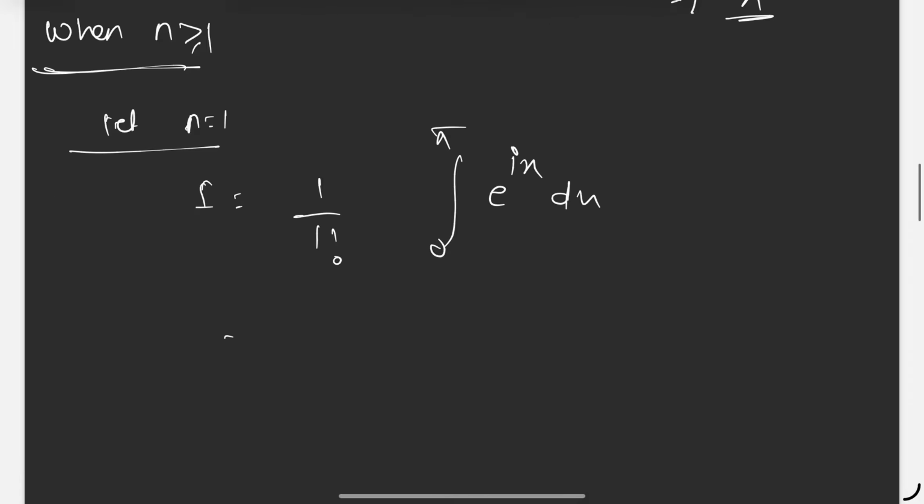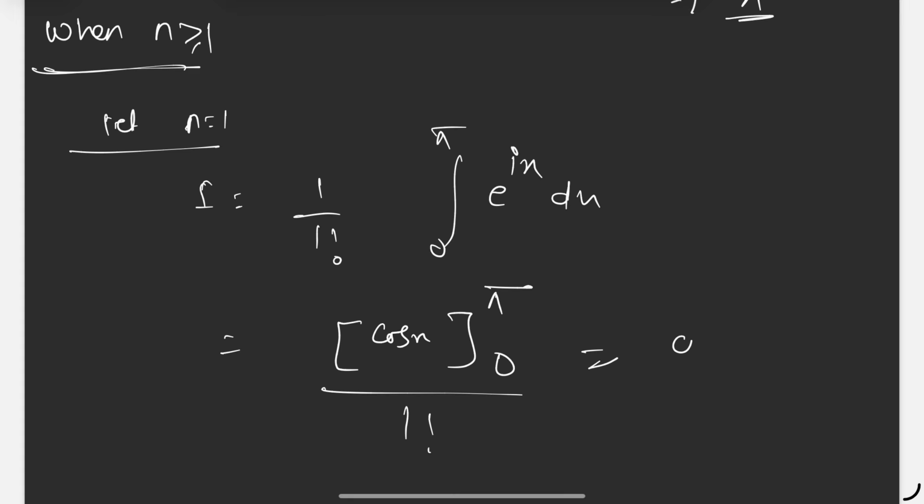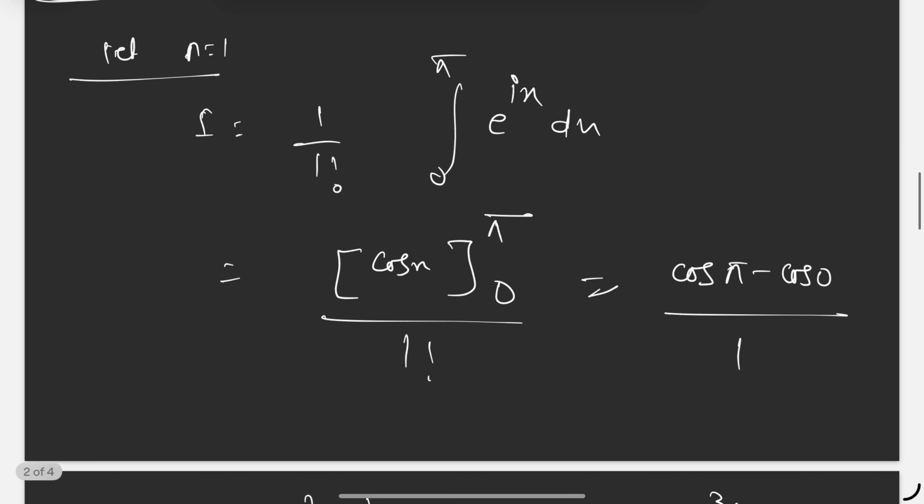So that will be e power iota x, I can write cos x plus iota sin x dx, and I need only the real part. Remember the original question, I need the real part, so this iota sin x I will remove. So cos x, 0 to pi, 1 factorial, so that will be cos pi minus cos 0 divided by 1. Cos pi is how much?